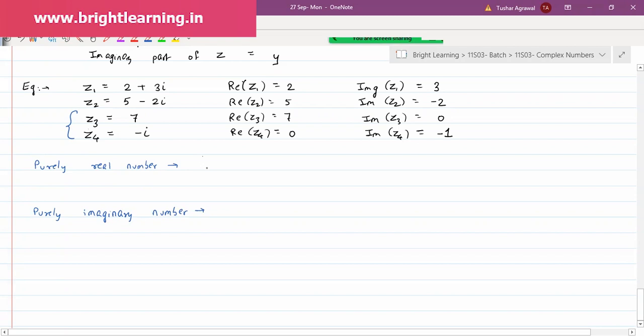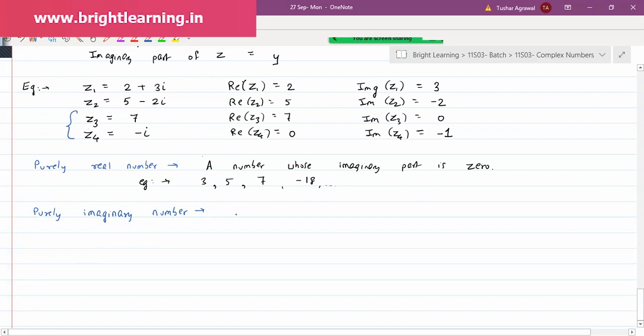A purely real number is a number whose imaginary part is 0. For example, 3, 5, 7, minus 18, and so on.